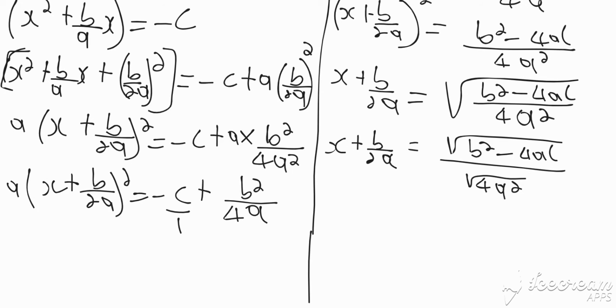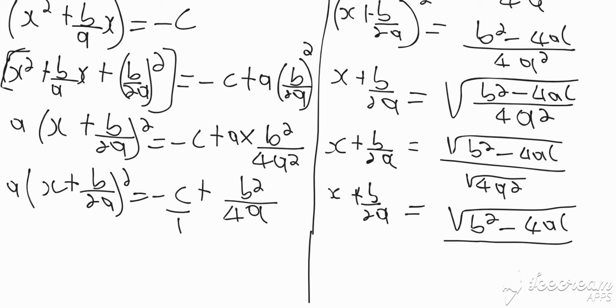Now when I square root 4a squared, that is going to give me 2a. So I'm going to have x plus b over 2a equal the square root of b squared minus 4ac all over 2a. And then we can simply carry over the b over 2a.